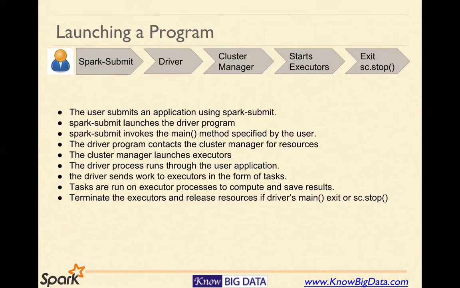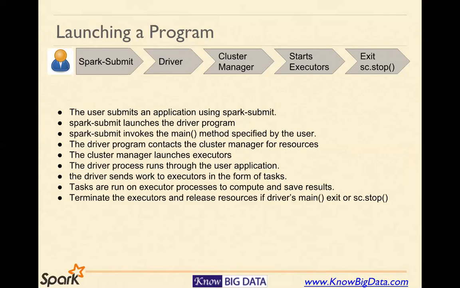This is what happens when you, as a user, submit a program using spark-submit, or you run spark-shell and execute an action. You call a command called spark-submit that creates a driver, and then the driver talks to the cluster manager.